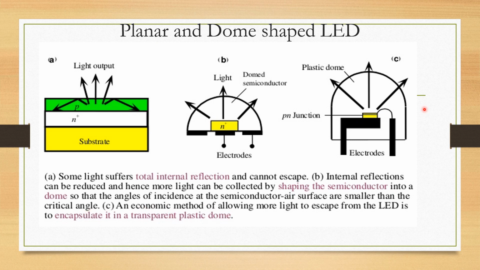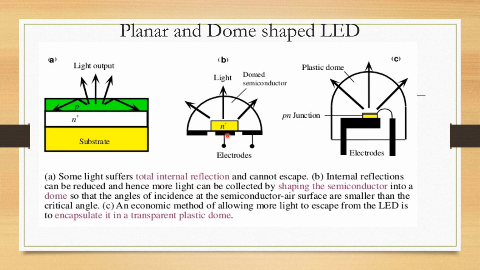Okay. On the other hand, the P-type material itself can be made in the form of a hemispherical dome. These dome-shaped LEDs are the commercially available LEDs, and they are shaped in such a way as to reduce the internal reflections.